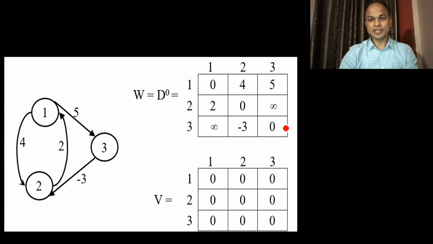We have mentioned here the distances for all the pairs without involving any intermediate vertex. In the next matrix we record which vertex we are using as the intermediate. Here we are not using any intermediate vertex, therefore all the values we have marked 0.